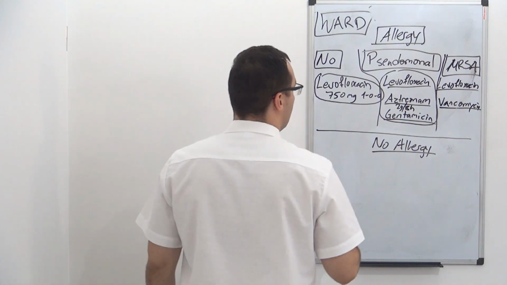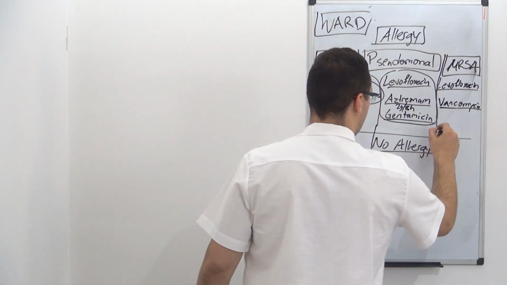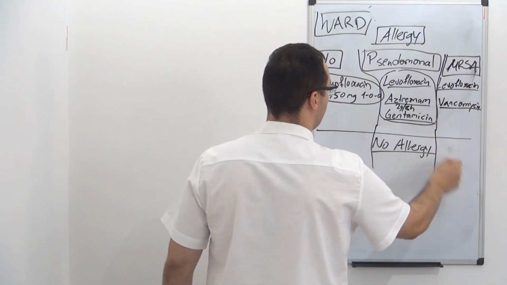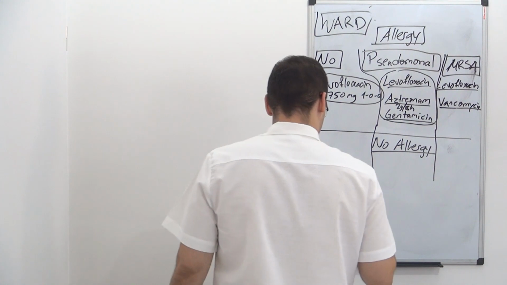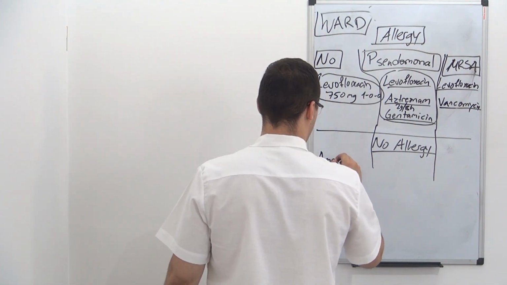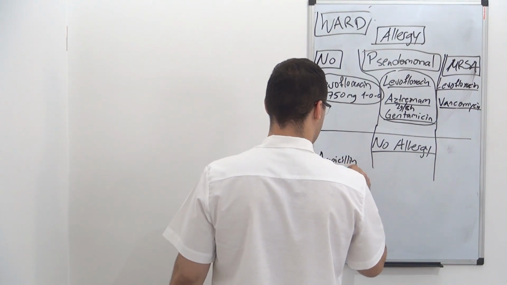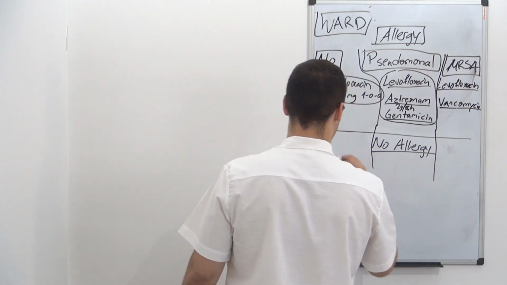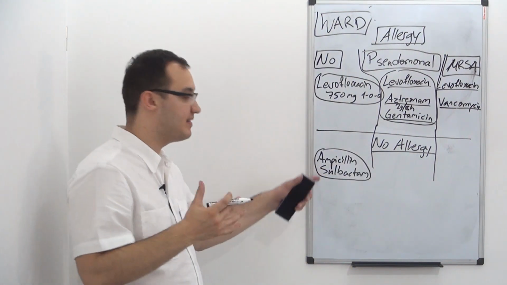Good. The same here. We have the same rows. MRSA, pseudomonal, and nothing. Here we will start with ampicillin sulbactam. Ampicillin sulbactam is a beta-lactam.